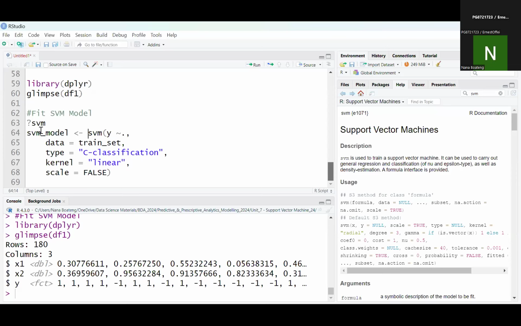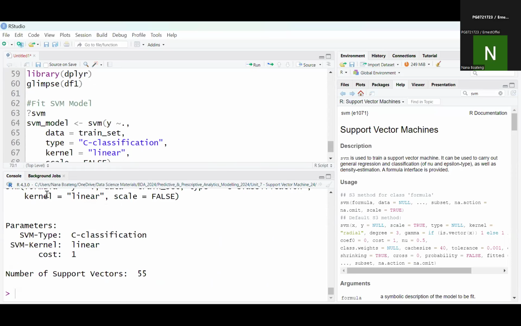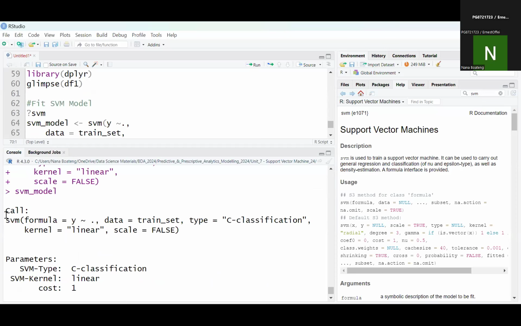So let's look at our model. It has run. Let's look at the components, what the model is telling us. Let's run the model. So we have some information here. This is the SVM model, and this is the formula we used.